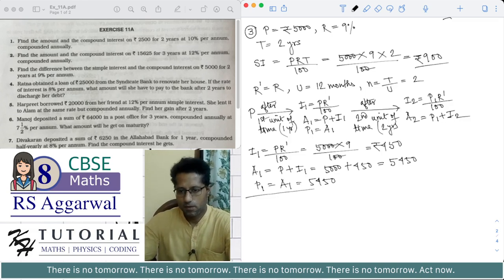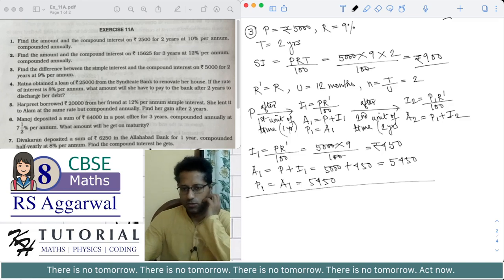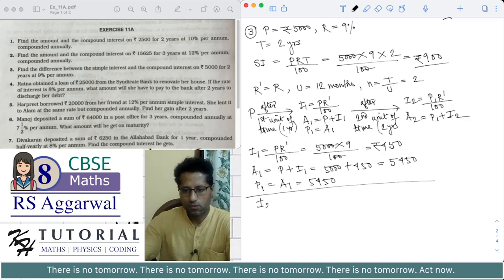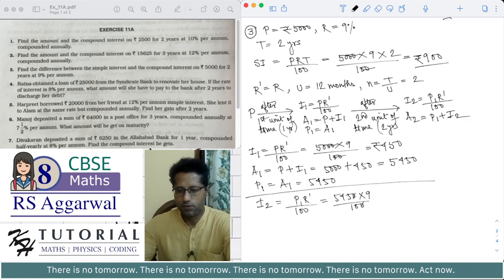Okay, so this is the calculation of interest, amount and the principal at the end of first unit of time. Let's do the calculation of interest and amount at the end of second unit of time. So I2 is equal to P1 R dash by 100, which is equal to 5450 multiplied by 9 divided by 100, which is 490.50.